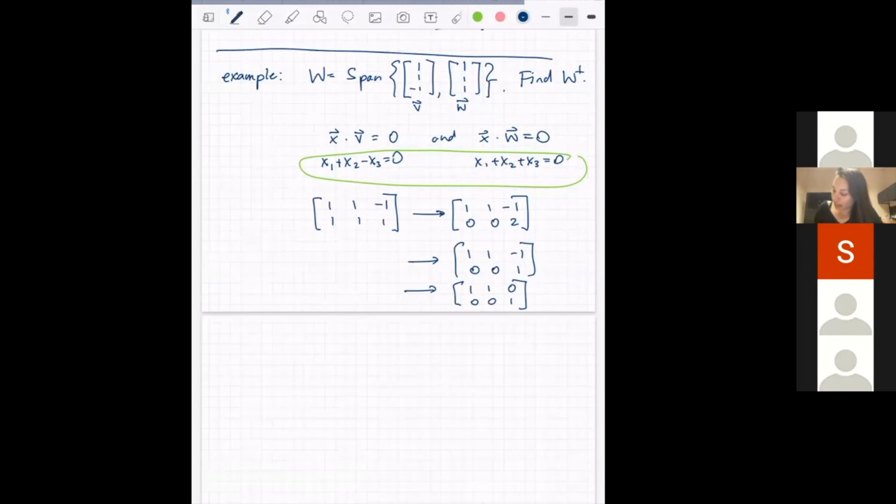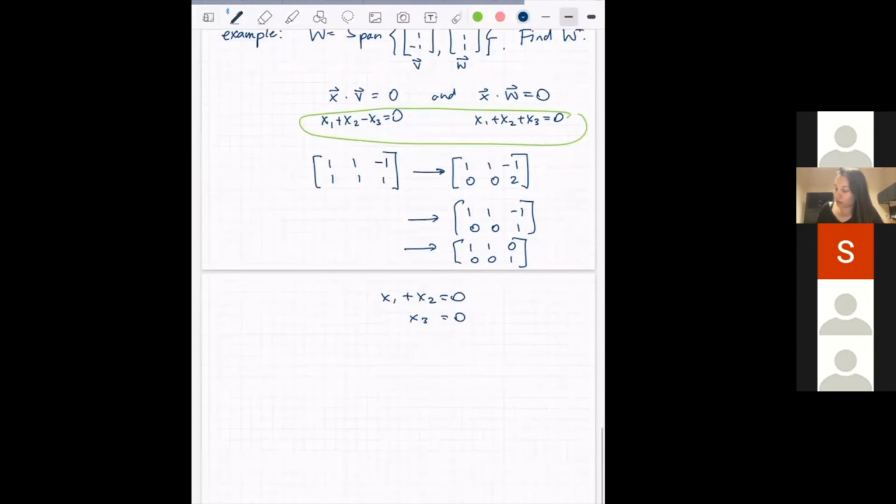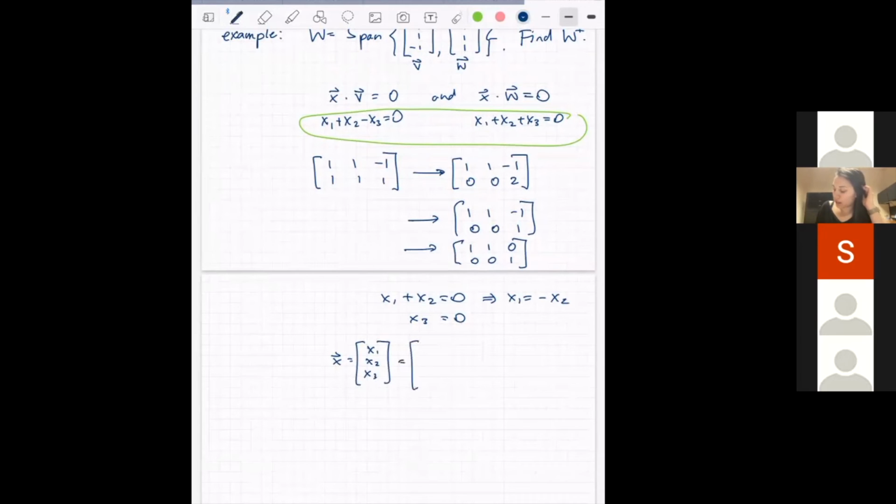Okay, so we get x1 plus x2 equals 0 and also x3 equals 0. And so this gives us x1 equals negative x2. So our general solution will look like negative x2, x2, and x3 will be just 0.